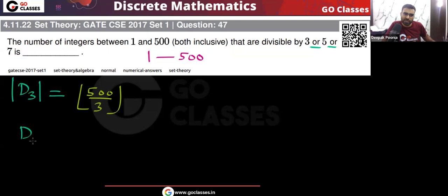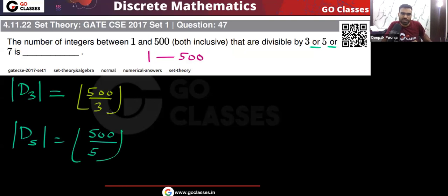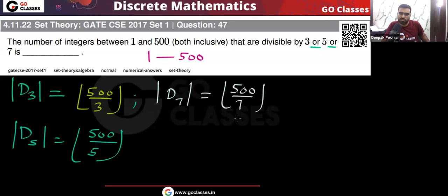How many will be divisible by 5? That will be 500 divided by 5, floor. How many will be divisible by 7? That will be 500 divided by 7, floor.